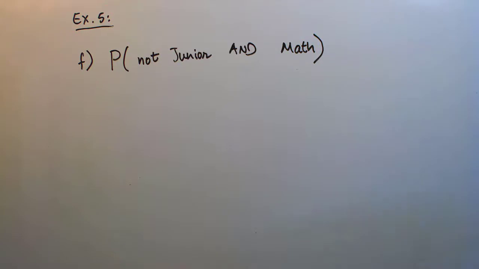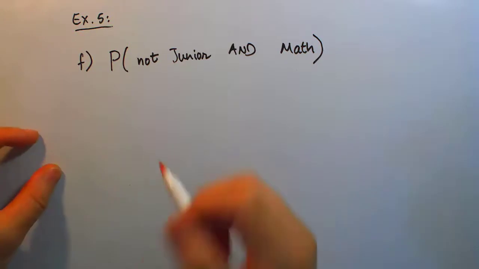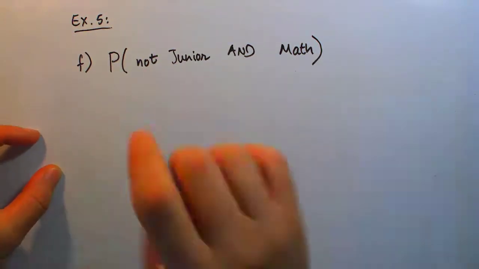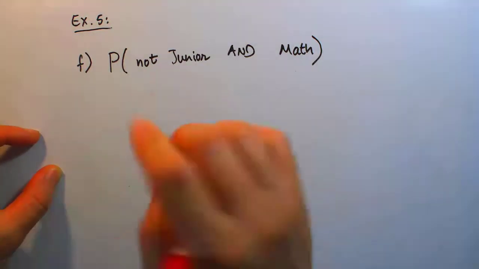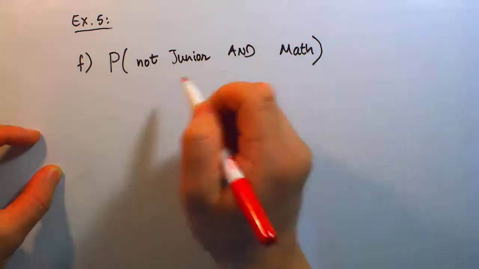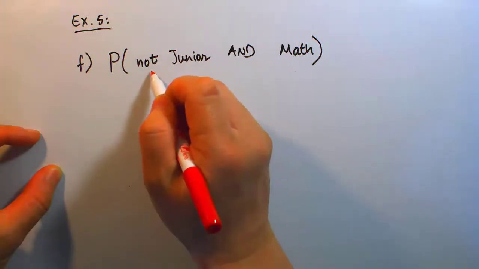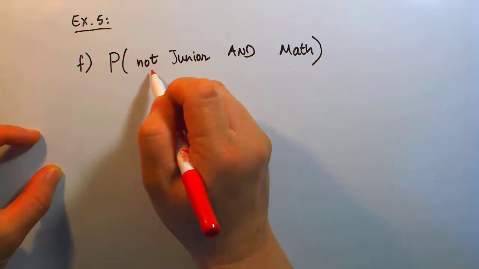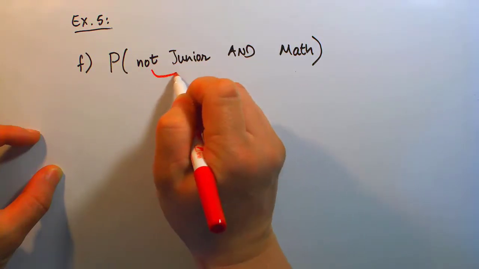Alright, before we get started, I must explain how negation works in symbolic statements like this. This negation is put right in front of junior, so in the way it's written, it is only meant to negate this event.